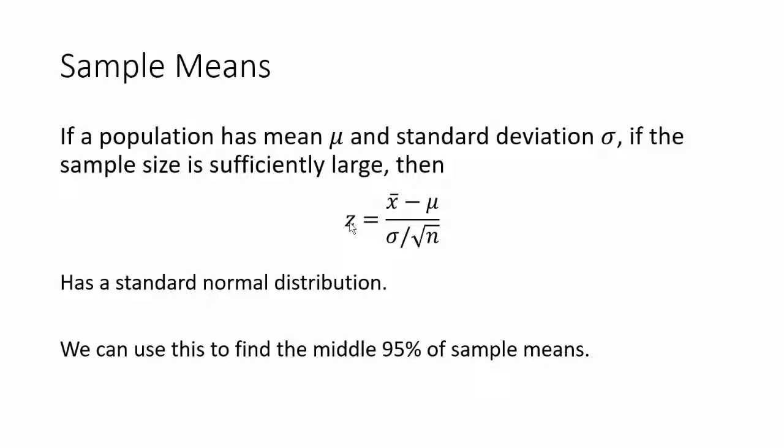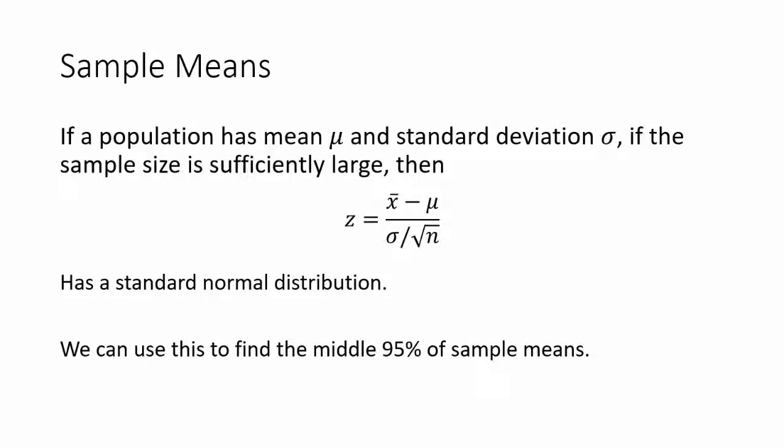Now we can use all that we know about the standard normal distribution to do all kinds of things. For instance, we could ask what's the probability that this z would be less than 1.5, or what's the probability that it will land between -2 and 2.